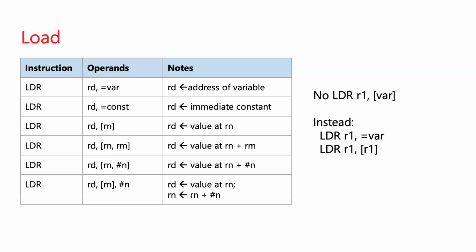Notice that there's no instruction like this top one to go get the contents of a variable and put it in a register. And we'll see in a little bit why you can't really do that. ARM can't really encode an instruction like that, but you can do it in two steps.